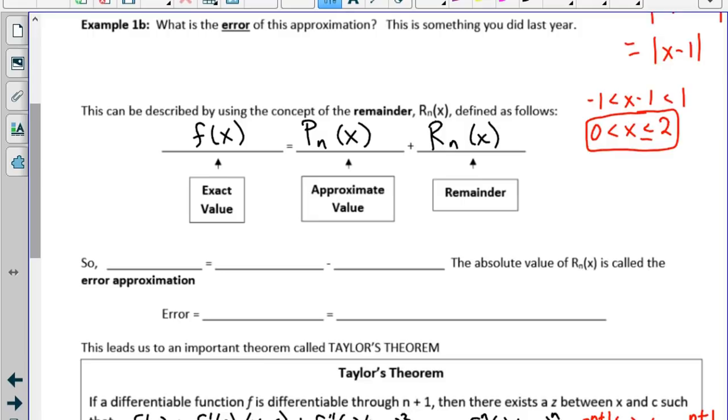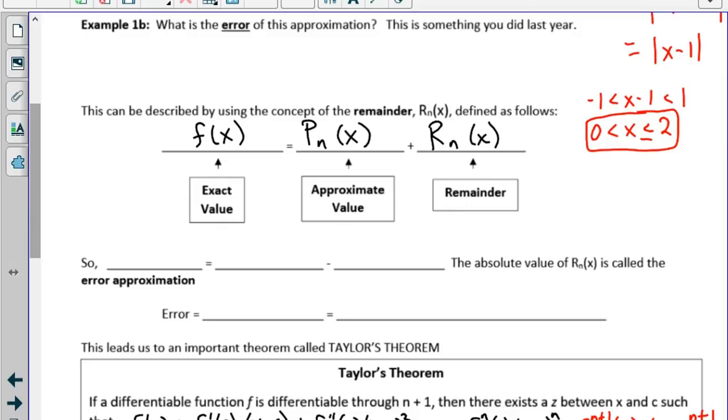So the exact value of the function, in this case natural log of x, is equal to the Taylor polynomial that represents the natural log of x, and then whatever it's off by, the remainder, because we have some sort of remainder that will converge to the natural log of x as we move along.